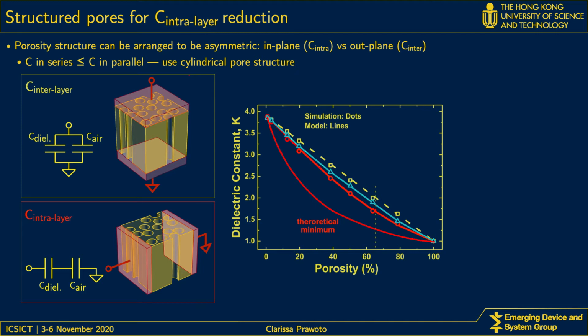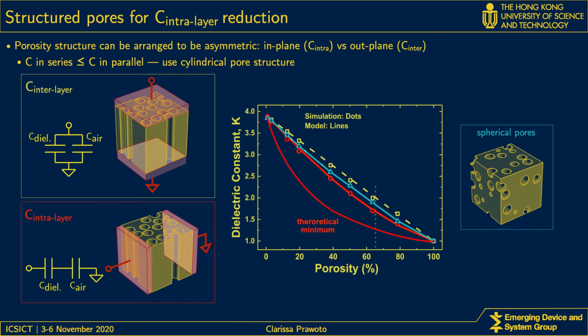As a reference, a common porous dielectric structure with spherical pores is shown in blue, with symmetrical dielectric constant in both directions, such that the K value is also in the middle between the intra and interlayer K.